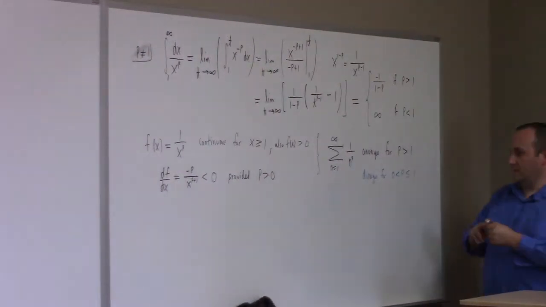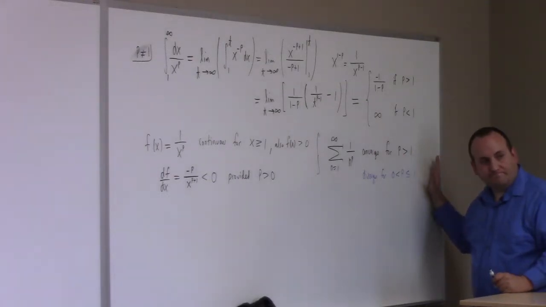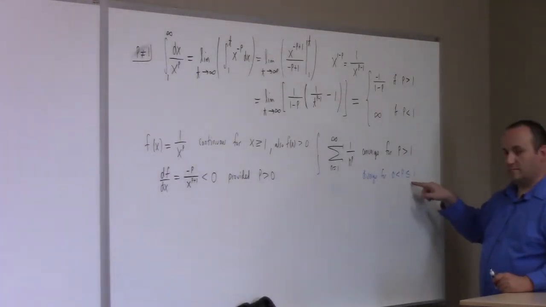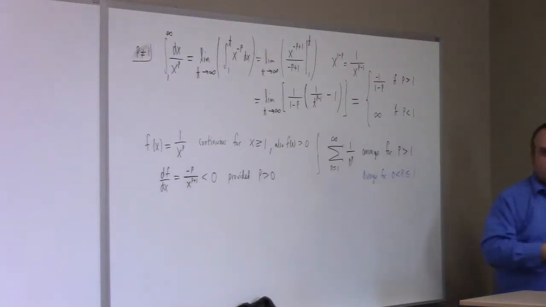So all of this is from the integral test, except for the equals case. For the rest of it, we're going to need what's called the nth term test. Let me just state that for you.